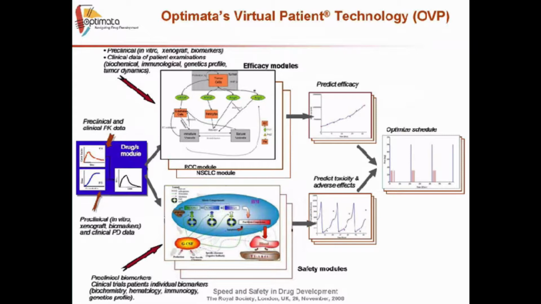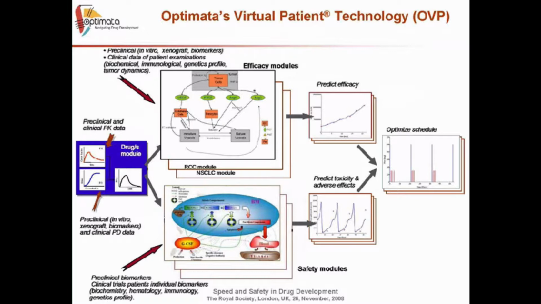Those PK/PD mathematical models are then integrated into the disease models, into the mathematical model of the dynamics of the disease processes, as well as the mathematical models of the physiological processes that are affected by the drug or drug combination in question.